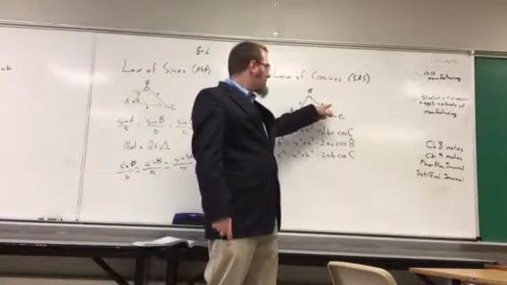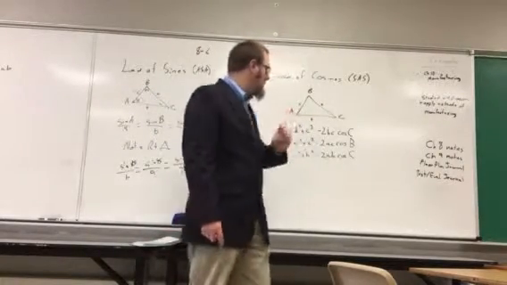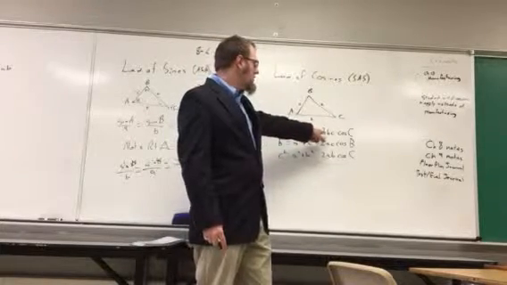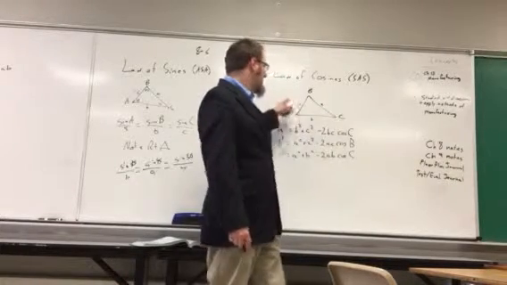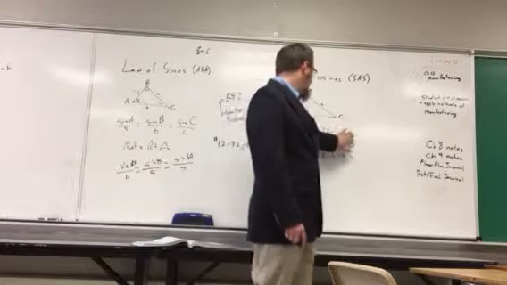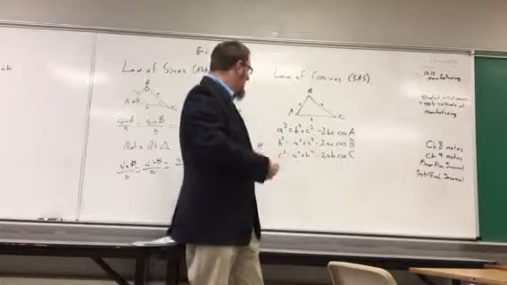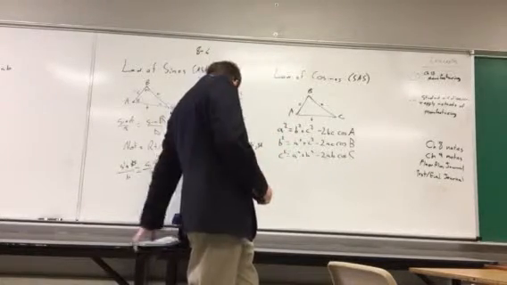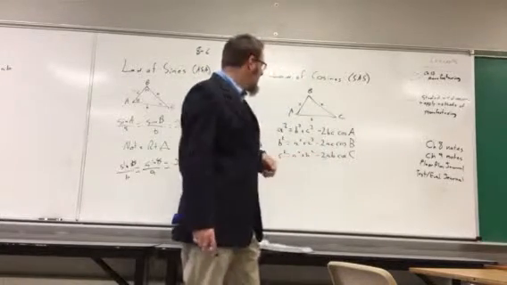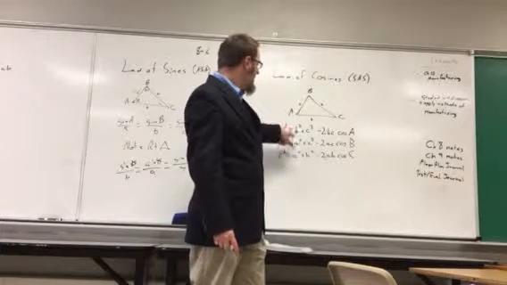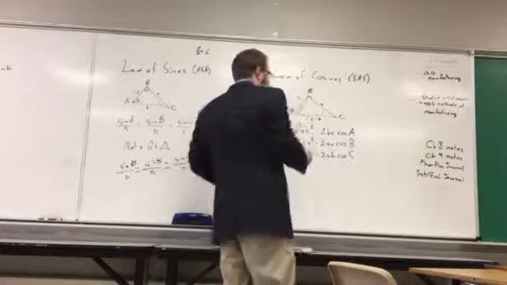Either a squared, this side, is equal to b squared plus c squared, the sides, just like we're doing the Pythagorean theorem, but we subtract 2 times b times c times the cosine of A. I had that wrong at first. It's the cosine of A, whatever side we are trying to isolate over here. We'd have these two sides, B and C in this case. We'd be given, like, B is 4, C is 7.